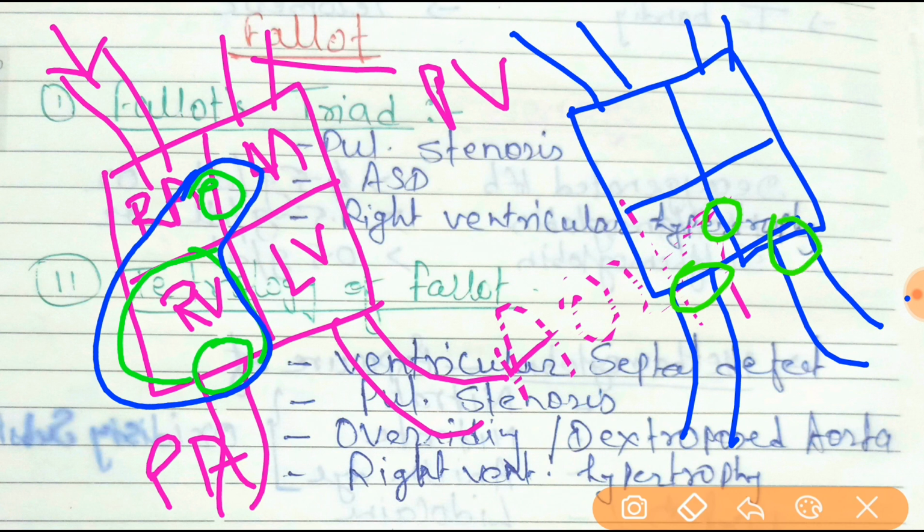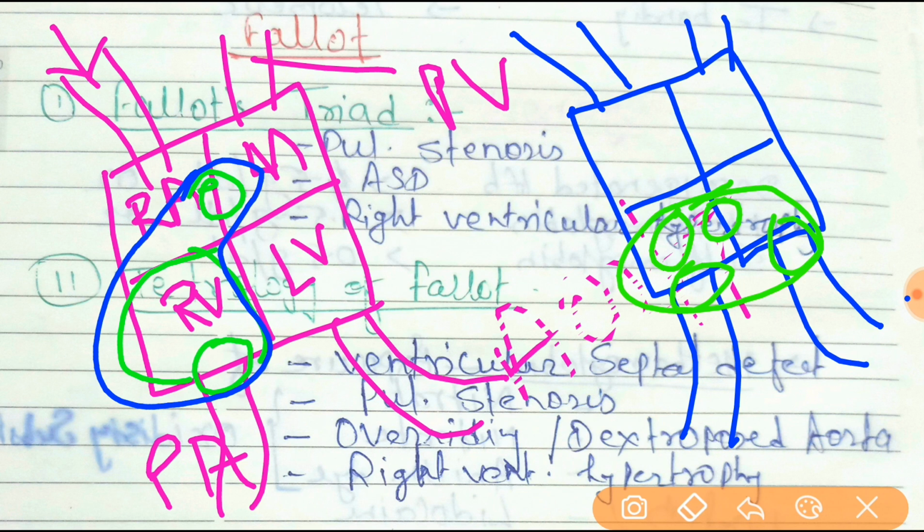Okay, and right ventricular hypertrophy, that means lower part. You can draw this like that and retain it like that, so you can remember it for a longer time.